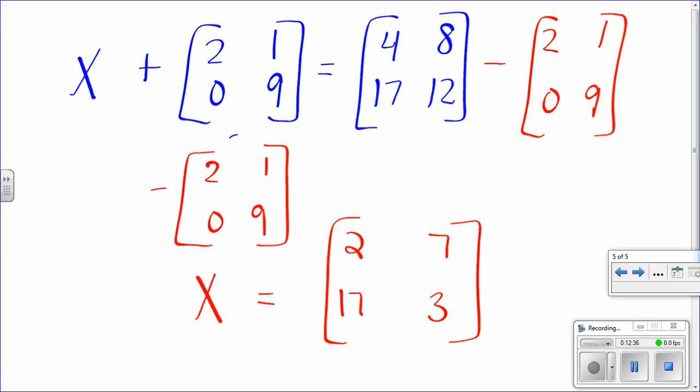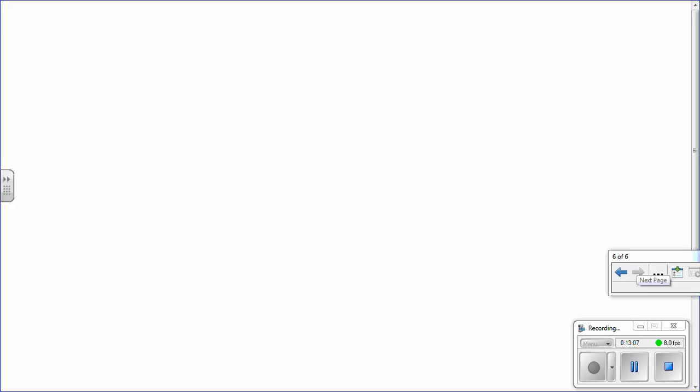Another way that you could look at a matrix equation is if you have equal matrices, and if the two matrices are equal, then their elements are equal.